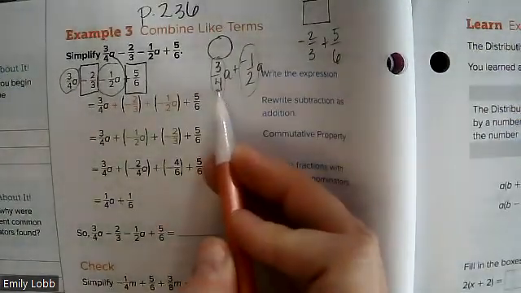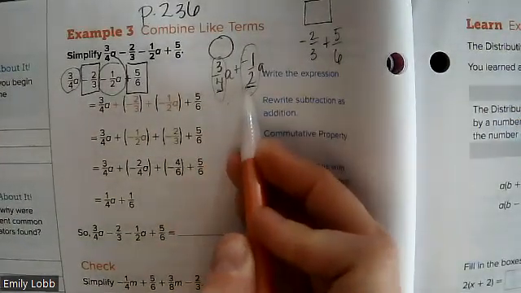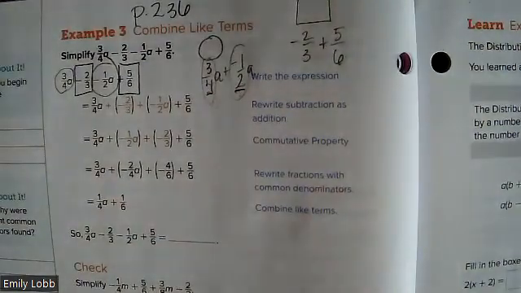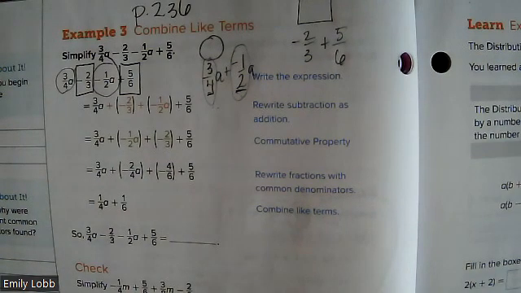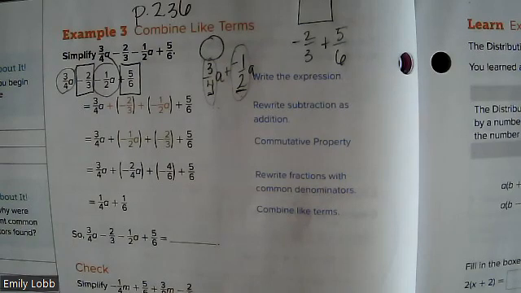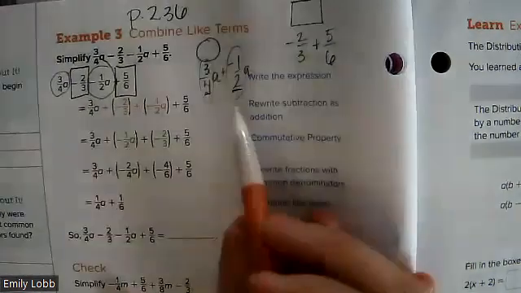Their denominators are not the same, so I can't just add them. What do I have to do before I add these fractions? I have to change the denominators. I have to make them like fractions. So just like we can't combine anything that's not like terms, we can't combine anything that's not like fractions. We have to make our denominators the same.